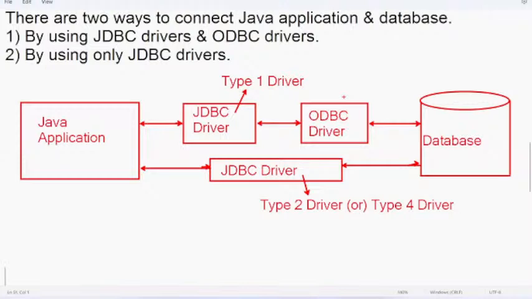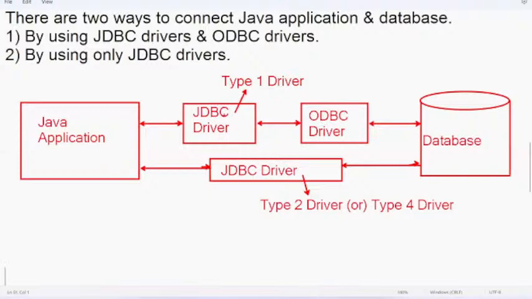One more question. Can we connect a Java application and database with only a type 1 driver without ODBC? No, it is not possible. Can we connect by using only an ODBC driver? No. If you want to use ODBC, which type of JDBC driver is required?